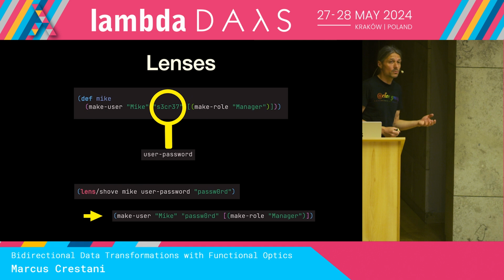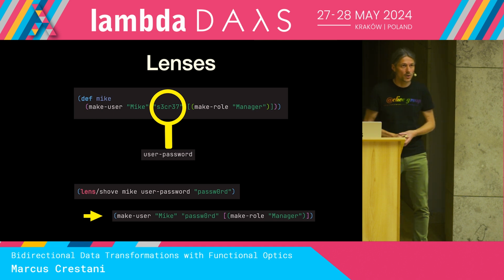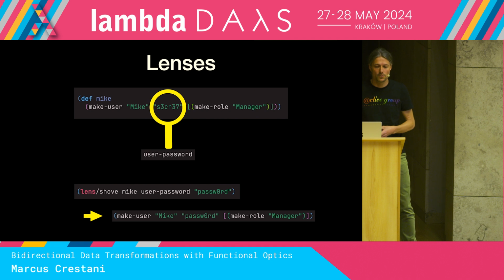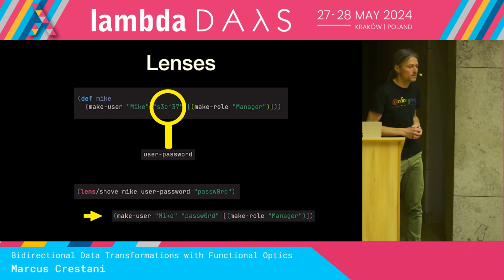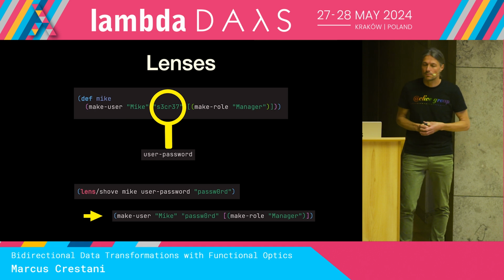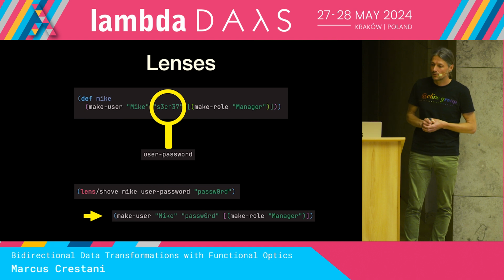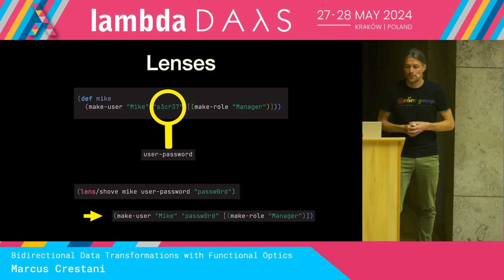With lenses, you can also modify the focused value within a data structure. Of course, we functional programmers know that modifying is not a side effect. We do not mutate something in place. Our data structures are immutable, so modifying in functional programming means that we are creating a new data structure that contains a new value at the focus.